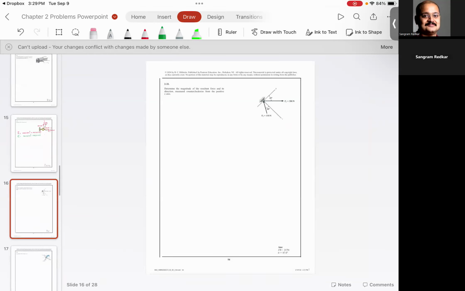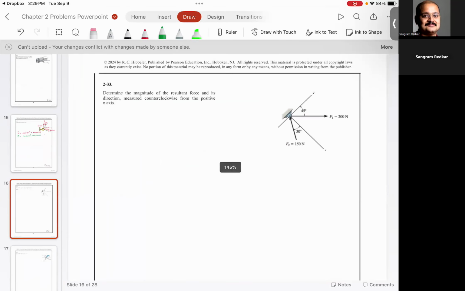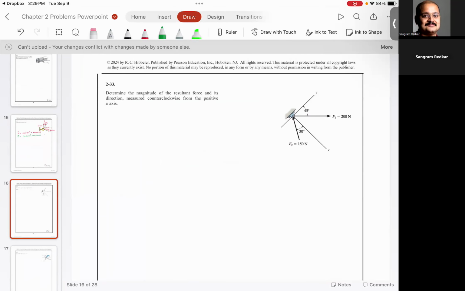Okay. Next problem. In this problem, you have to find the magnitude of the resultant force. The only problem here is the coordinate system is crooked. Whenever you are dealing with a crooked coordinate system, the first and foremost thing you should convince yourself of is that it is a right-hand coordinate system.